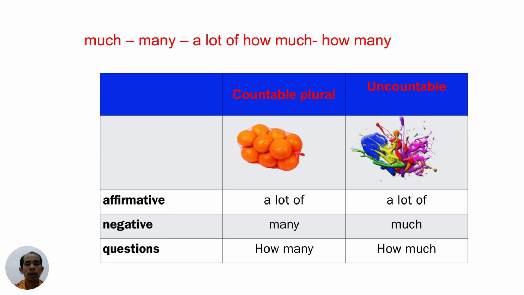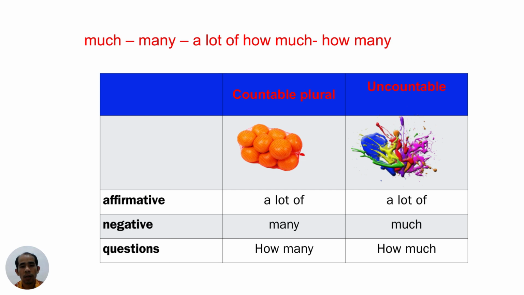And then next, I will also explain about using the quantifiers much, many, a lot of, how much, and how many. In countable plural, all of these are used with plural countable nouns and also uncountable nouns. In an affirmative sentence or positive sentence, we use a lot of oranges, many oranges, how many oranges.